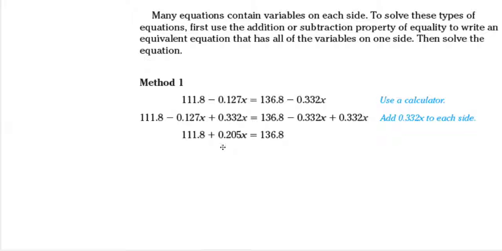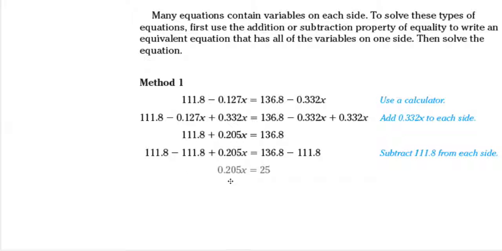We subtract 111.8 from both sides of the equation, and end up with 0.205x equals 25, because the difference of these two numbers is 25. Then, since 0.205x is multiplication, we simply divide both sides by 0.205. We end up with x approximately 122.